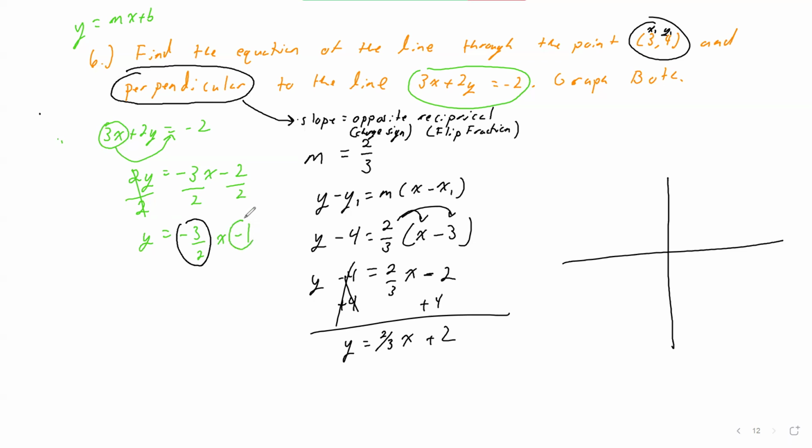So you start with that y-intercept. Then what's my slope tell me to do? Correct. 1, 2, 3. 1, 2. And there's the first line.